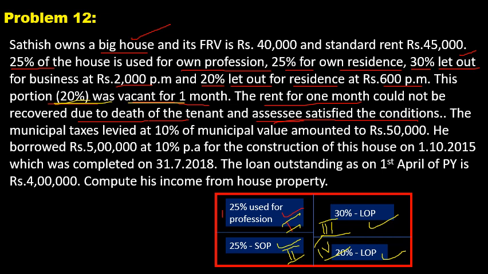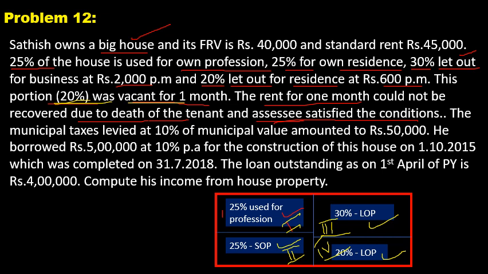If SSC satisfied the conditions, then you can consider it as unrealized rent. Otherwise, it will not be considered as unrealized rent. So here in case of the fourth house, there is a vacancy period of 1 month as well as 1 month of unrealized rent. These 2 points are to be taken into consideration while calculating rent received in case of the fourth house.